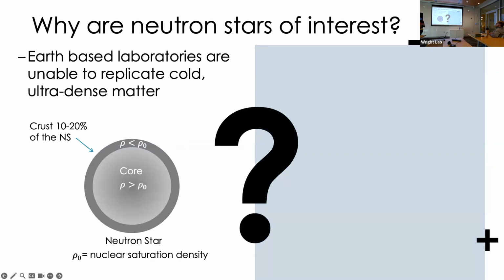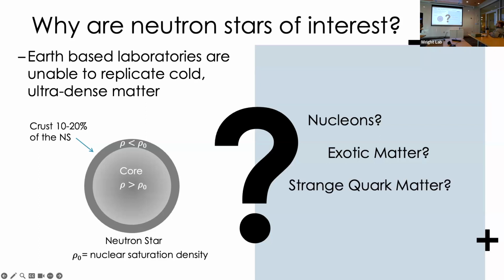So we don't know if in the centralmost region, the matter has frozen into some uniform state of nucleonic matter, or if we generate some kind of exotic matter, like hyperons or kaon condensates within this region, or if the quarks within the nuclear matter are able to become deconfined, and we get some kind of strange quark matter within this region, or even a combination.